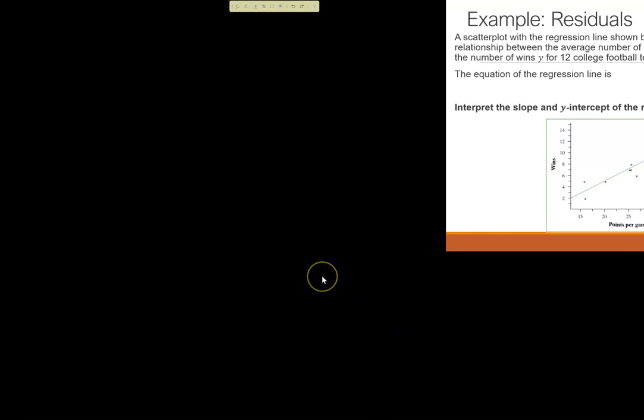Similarly, if there's only like 14 games in a season, if you scored like 70 points a game, the model would probably tell you should win like 18 games or something, and that's impossible because no college football team is playing 18 games in a season. You know what I mean? But that's the idea. Everybody feel okay with interpreting that? We'll practice again a couple more times so you get another crack at it.